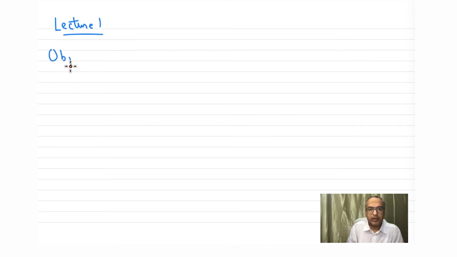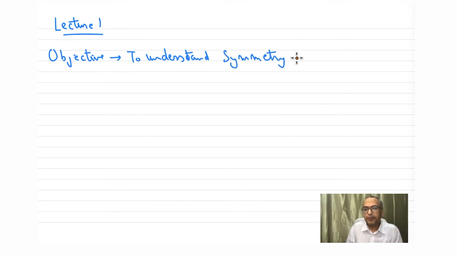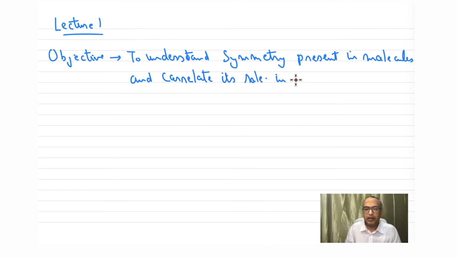Let us first look at the objective of this course. So the objective is to understand symmetry present in molecules and correlate its role in chemistry.